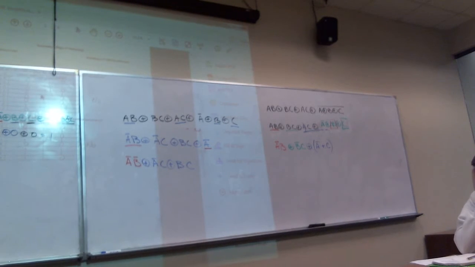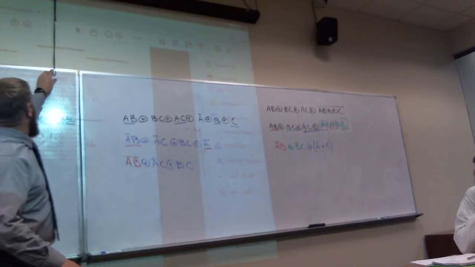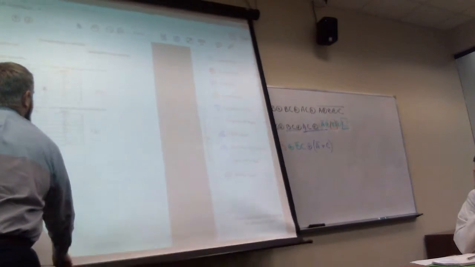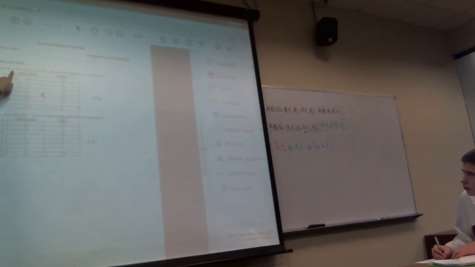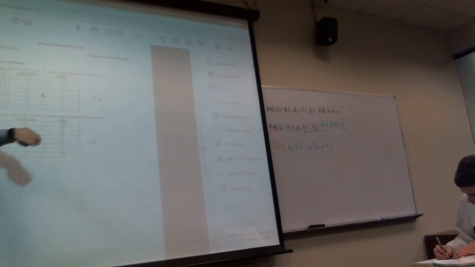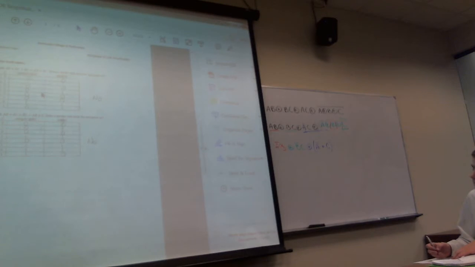On the last page, it's kind of a review, kind of continuing to explore the exclusive OR operation. It is true that AB or A naught C or BC is equal to AB or A naught C. Why is that?